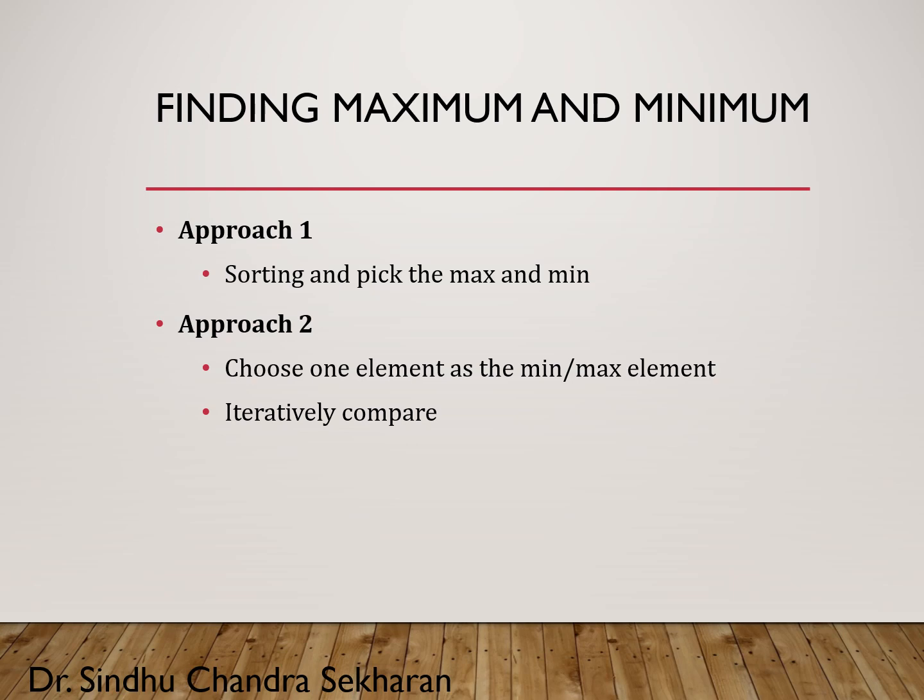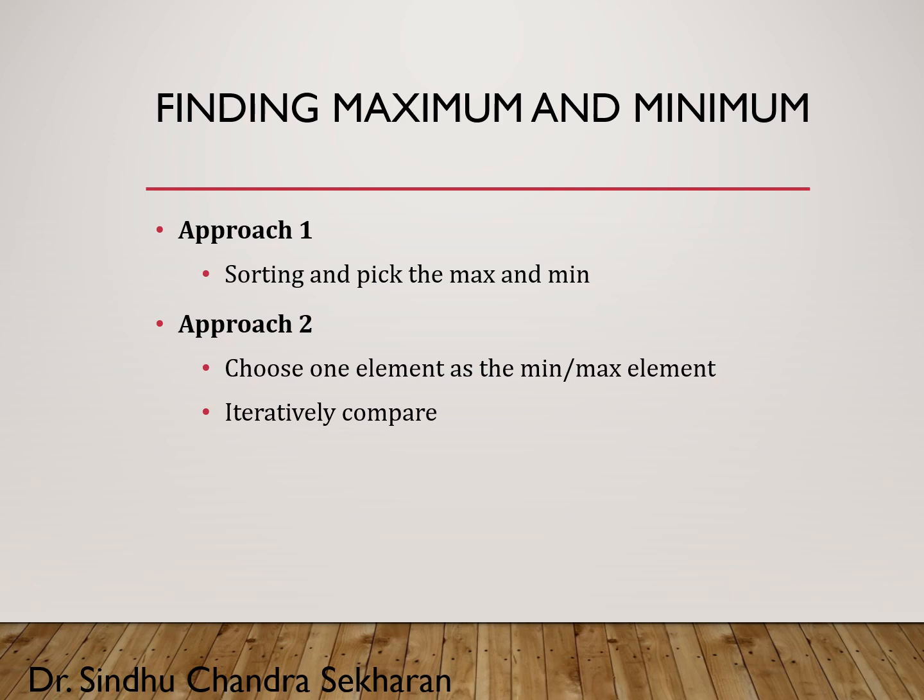Another approach can be to choose the first item or any item as the minimum element or the maximum element and then iteratively keep comparing the next item to this assigned minimum or maximum element. When you find a new minimum element, update the minimum label to this new min. Similarly, whenever you find a new max, update the max label with the new max value. So this is an iterative process.